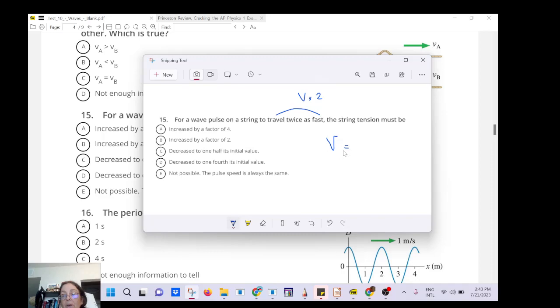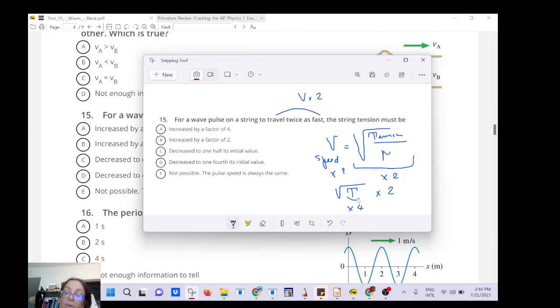The speed of a wave is equal to the square root of the tension divided by the mass per unit length. So if you want this to be multiplied by 2, this part here has to be multiplied by 2. This is constant, so that means the square root of the tension has to be multiplied by 2, so the tension itself has to be multiplied by 4, okay?